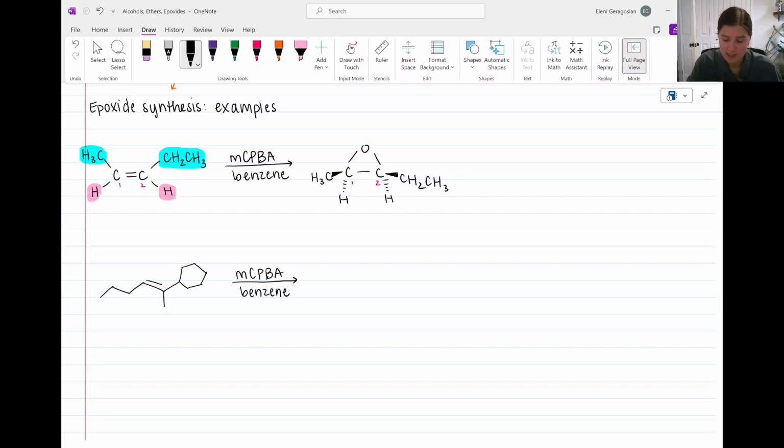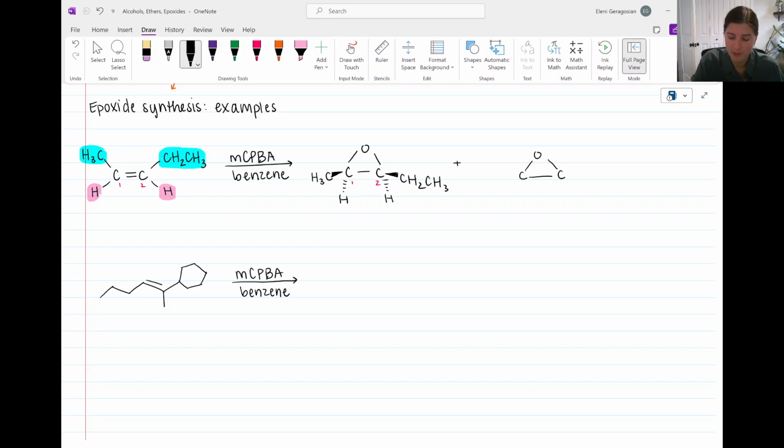But here we have 2 stereocenters. This product is formed. The enantiomer is also formed. The enantiomer has the same connectivity, but any stereocenter that's an R becomes S, and any stereocenter that's an S becomes R. When we're drawing the molecules, what that means is that any wedge bond becomes a dash, and any dash bond becomes a wedge.